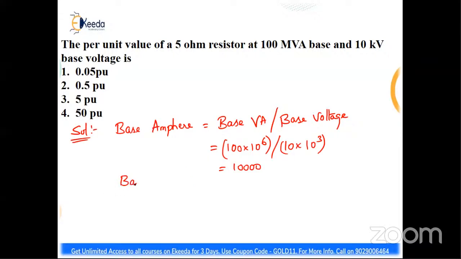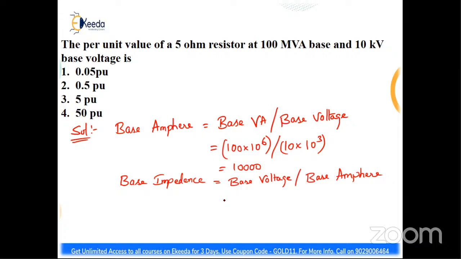Then we can find out the base impedance now. So the base impedance is equals to base voltage divided by base ampere. Base voltage divided by base ampere.